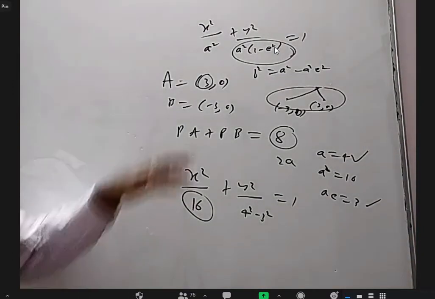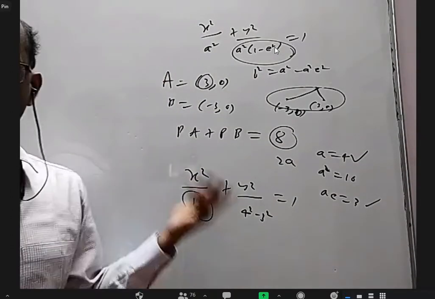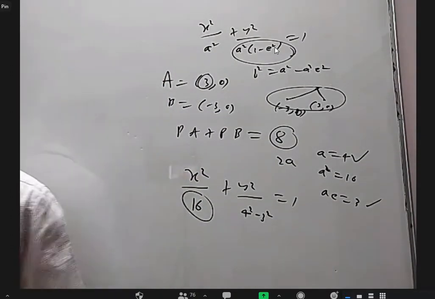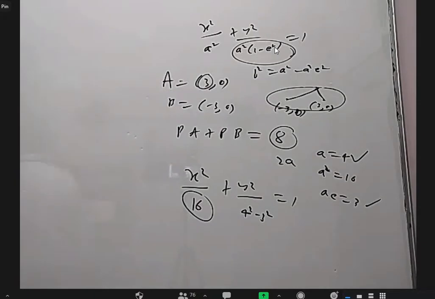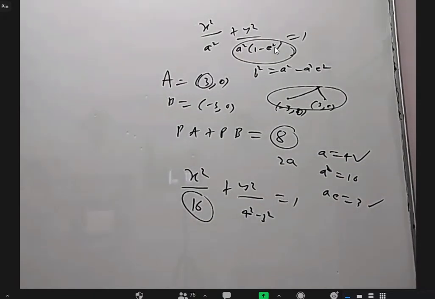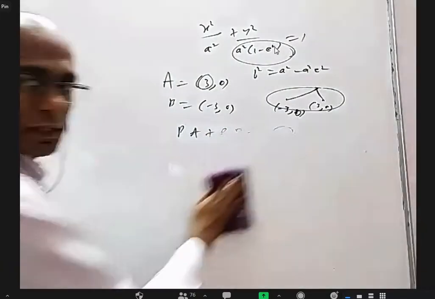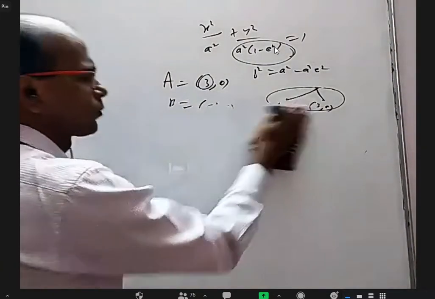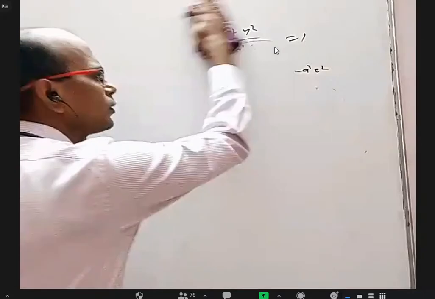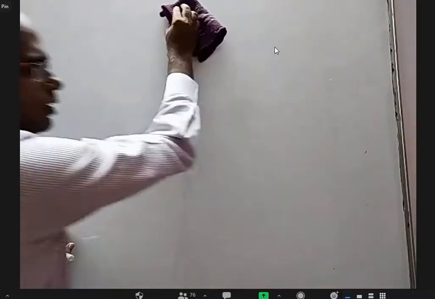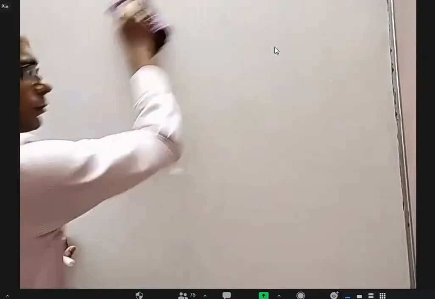So what we have done is very long. I think in one step we can directly tell the answer, right? In first year, how you do the locus, you already know it, right? Yes, sir.